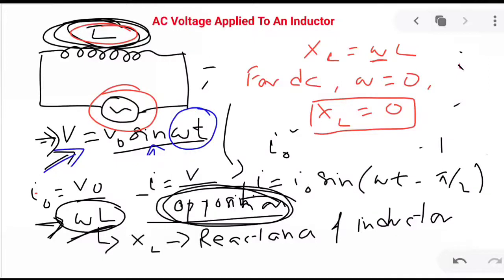There is no opposition to the flow of direct current offered by an inductor. Okay, so this is with regard to an inductor, and we have previously seen that if the inductor is replaced by a capacitor, then a capacitive circuit completely blocks DC.